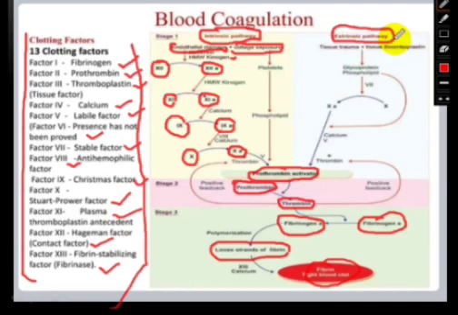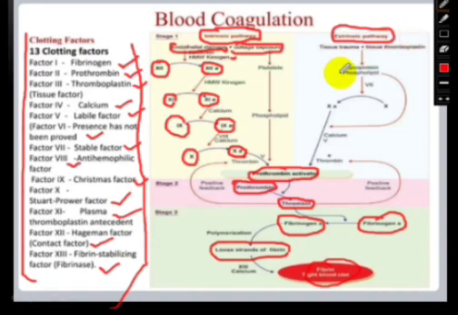It is the same mechanism, but the only difference is that the intrinsic pathway occurs inside your body, but the extrinsic occurs outside the injured site. But the two of them work together, pari passu, to bring about stoppage of bleeding.